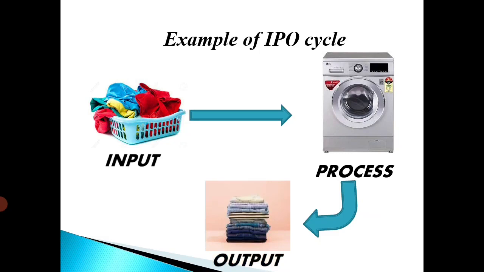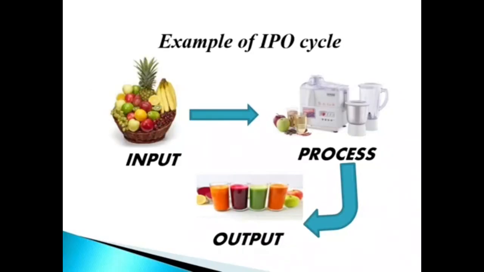So here the input is dirty clothes. Another example: fruit is an input, the mixer is the processor and you will get juice as an output. So this is an example of the IPO cycle. I refers to input, P refers to processor and O refers to output. So this is the process of the IPO cycle. Next we will see the working of the CPU.